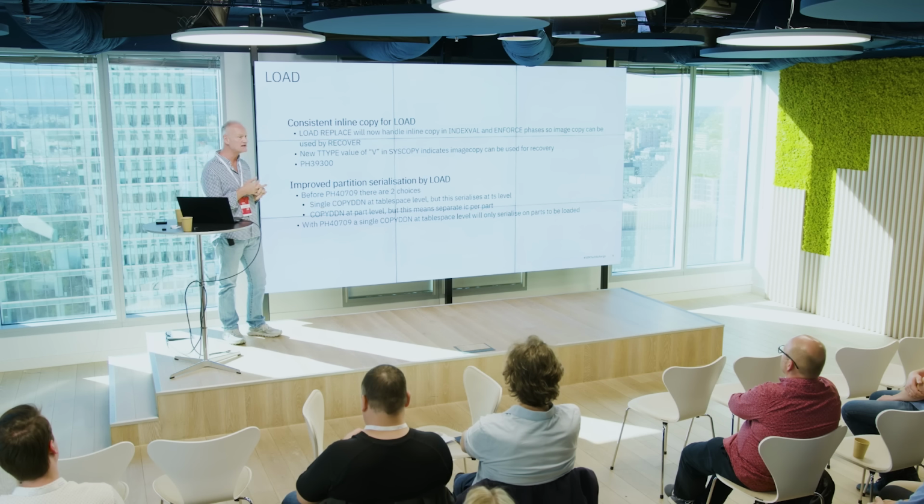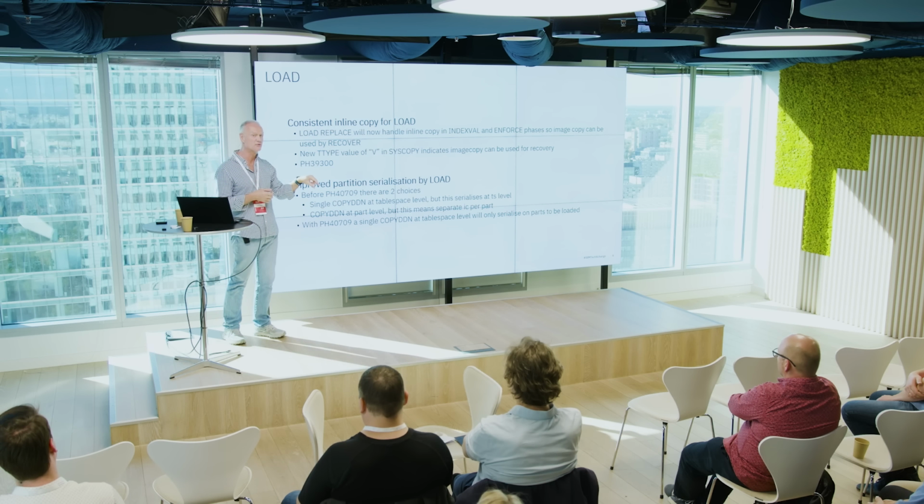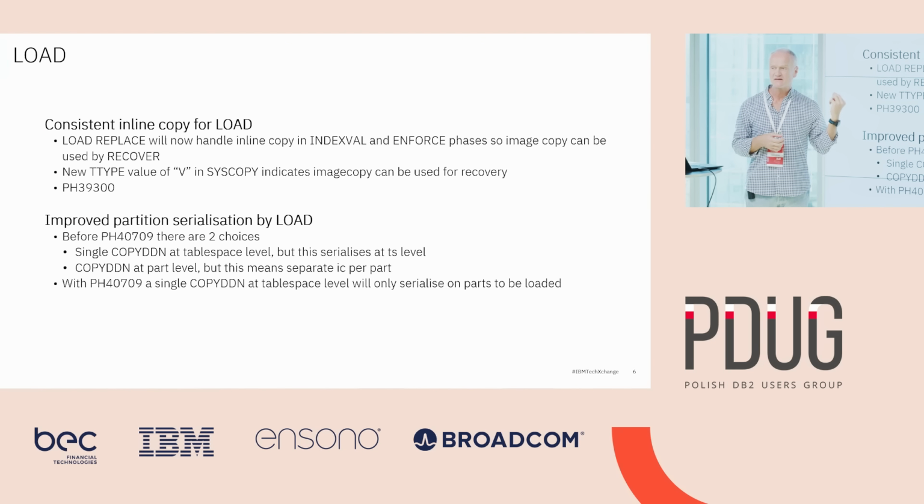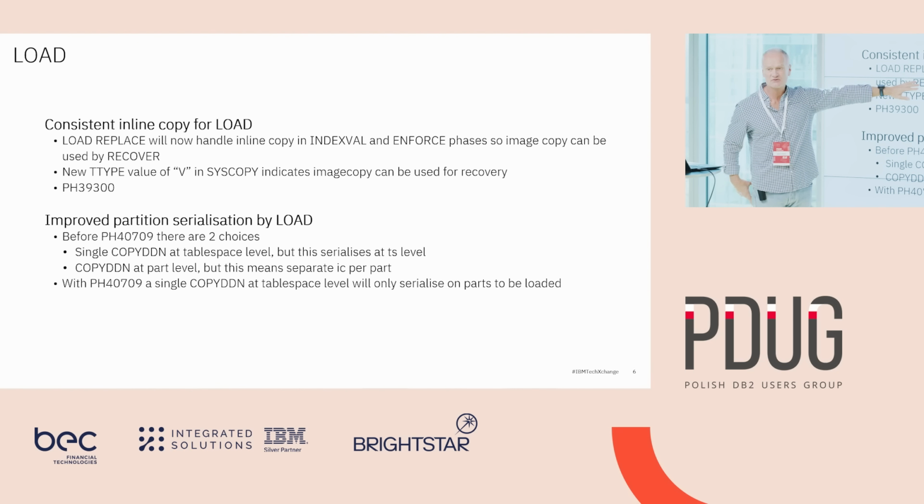So it might be that we loaded 100 rows into the table, but then we check, and we find that 5 of those rows violate the unique index constraint. So we then take those 5 rows out again. So you wanted to load 100, but you only loaded 95, and 5 of them got discarded. But the inline image copy that we created still had the 100 in it. We never went and fixed up the inline image copy dataset.